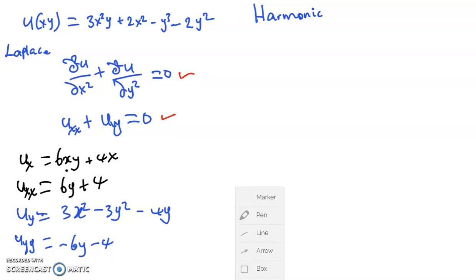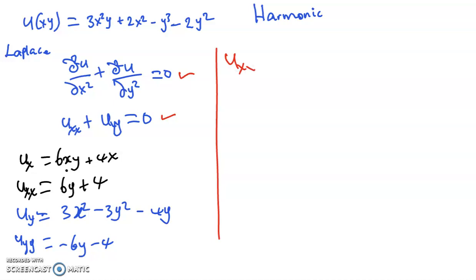We want to check if indeed it satisfies the Laplace equation. And what does the Laplace equation say? The Laplace equation says that when we differentiate this with respect to x two times, and add the partial differentiation with respect to y two times, the answer must be equal to 0. So let's check what we have. In our second differentiation with respect to x, we've got 6y plus 4.